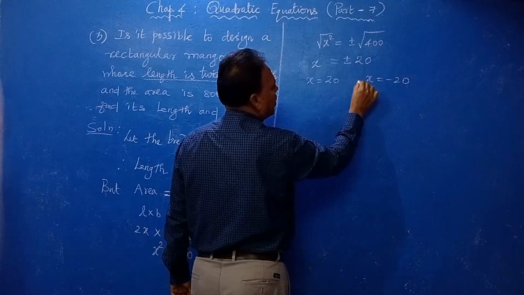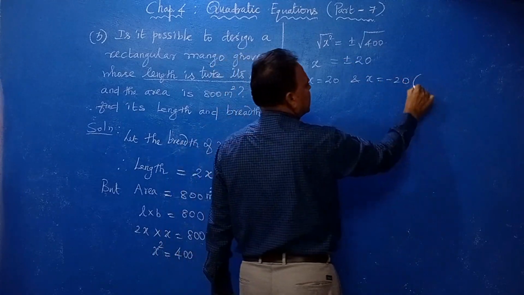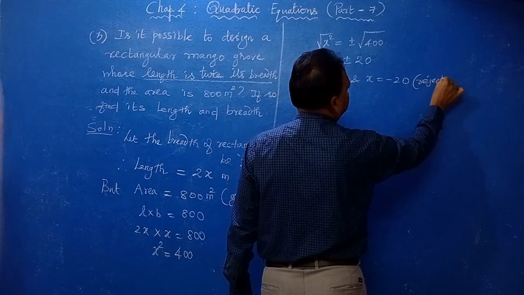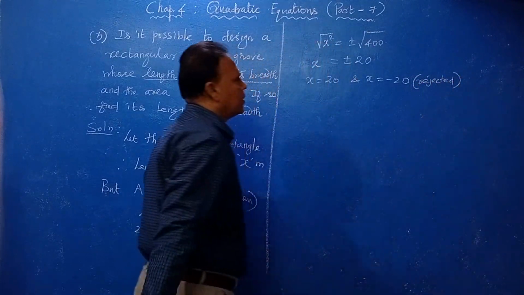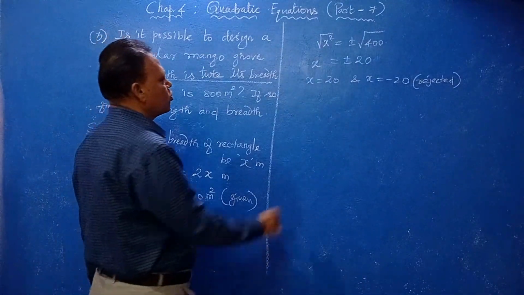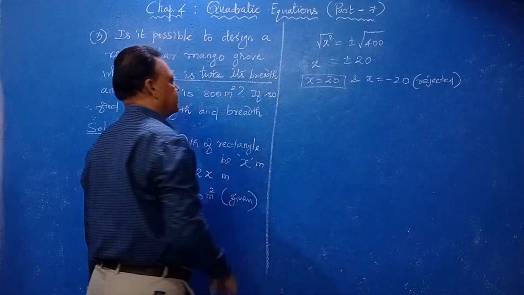But minus 20 is rejected because breadth cannot be negative. So x is equal to 20 is correct.